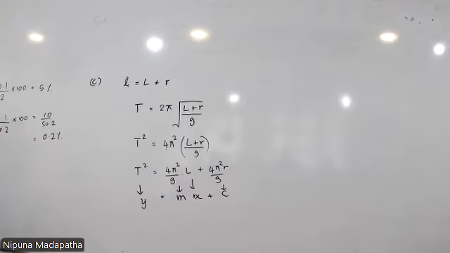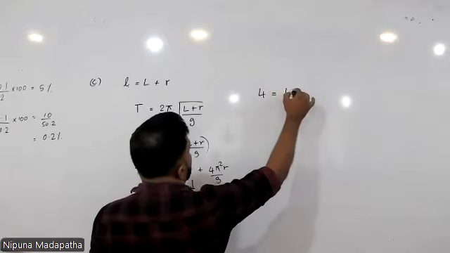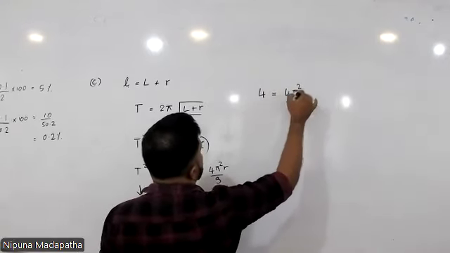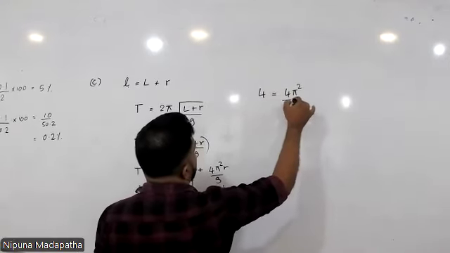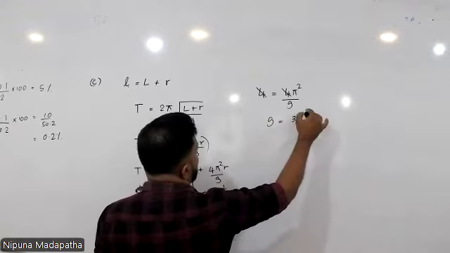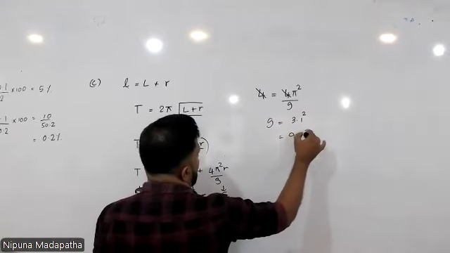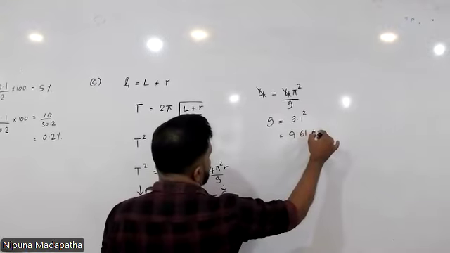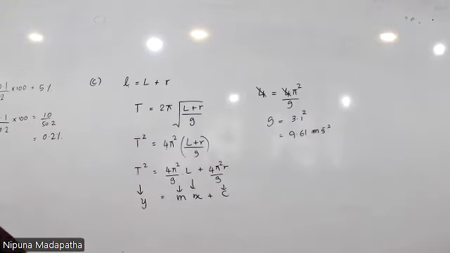The gradient they have given is 4. Gradient equals 4 pi squared over g. So 4 cancels, and g is pi squared. Pi is 3.1, so the value of g is 9.61 meters per second squared. That is how they get 9.61.